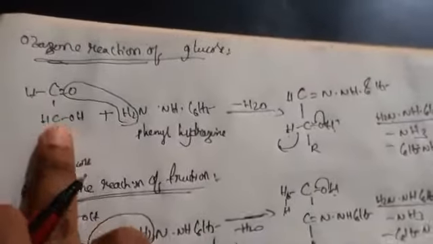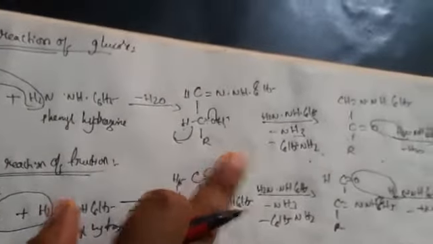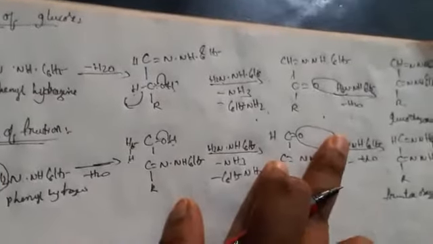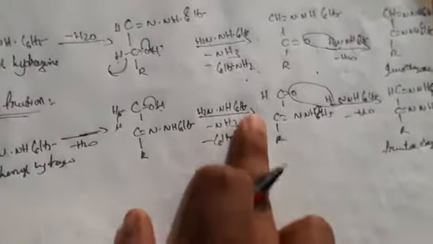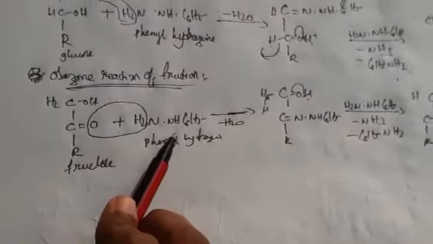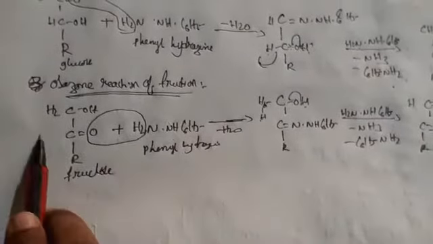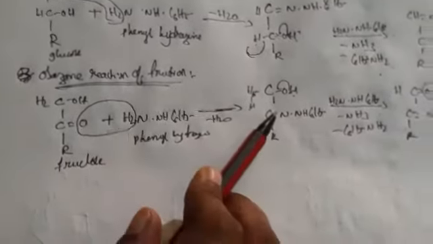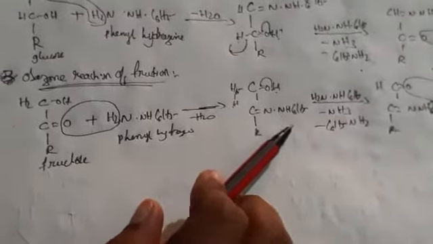At first position we are removing a water molecule in glucose, and coming to the second position when rearranging, at second position we are removing a water molecule in glucose. Coming to fructose, when we are rearranging, here we are getting the first molecule. See, fructose is treated with phenyl hydrazine. When loss of water molecule takes place, it forms C double bond N NH C6H5.